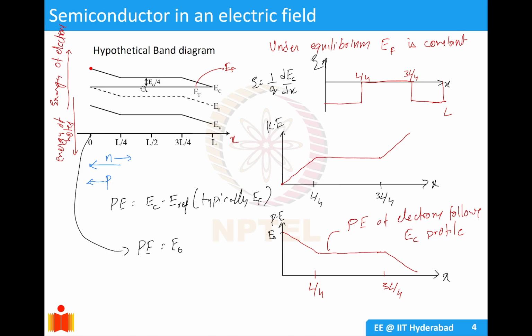In the middle range, your del EC by del x will be 0 because the EC is constant. So in the middle range, your electric field is 0, and then again in the last region, your del EC by del x will be negative, and the slope is the same in both cases. So the slope will be the same as earlier.